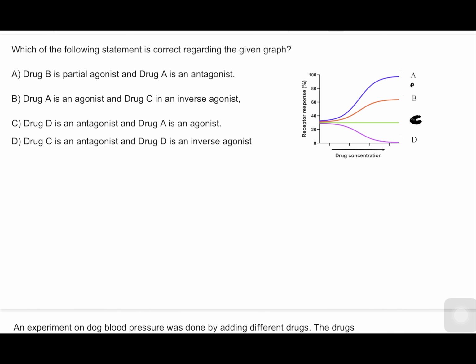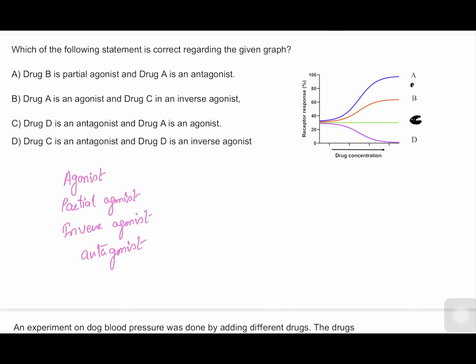The next question is asking which is the correct statement regarding the graph. This graph is showing us a dose response. We have drugs which can be agonist, partial agonist, inverse agonist, and drugs which can be antagonist.